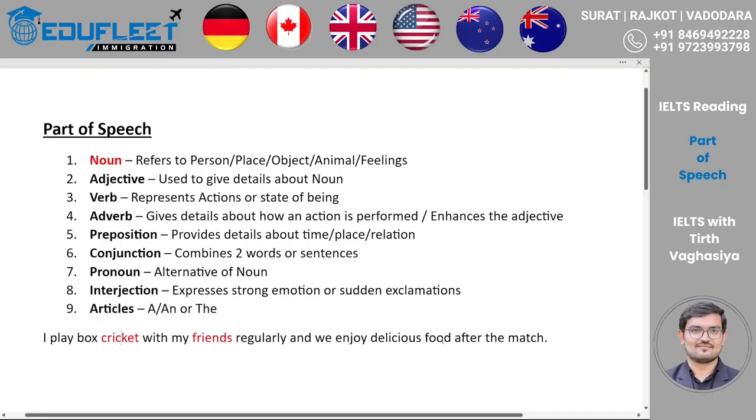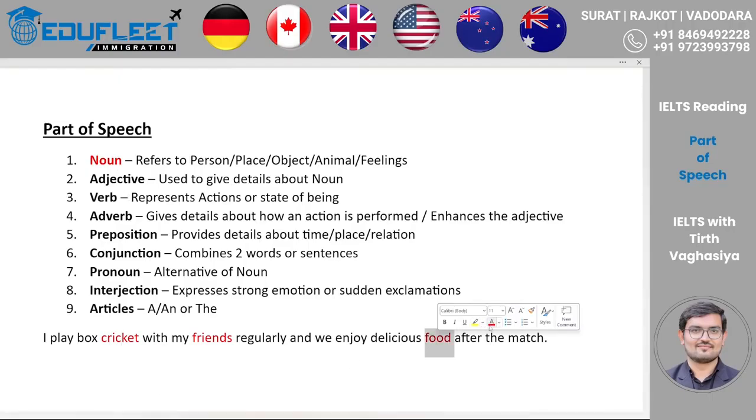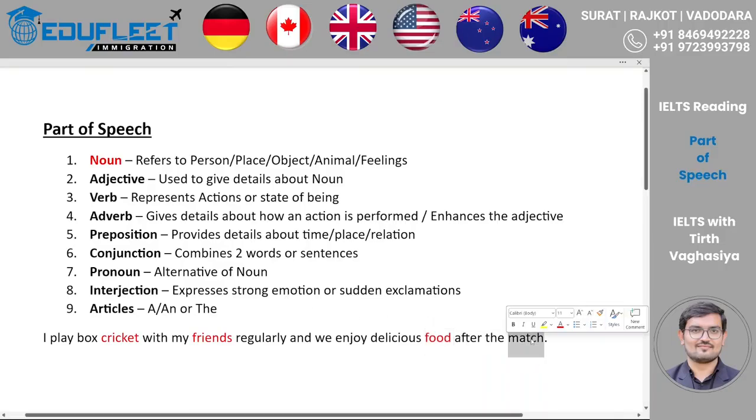Anything else over there? Yes, we have food. Anything that exists on earth would be considered under object. So food is also a noun. Then match. This is also a noun because it is also one of the things that is there on earth.